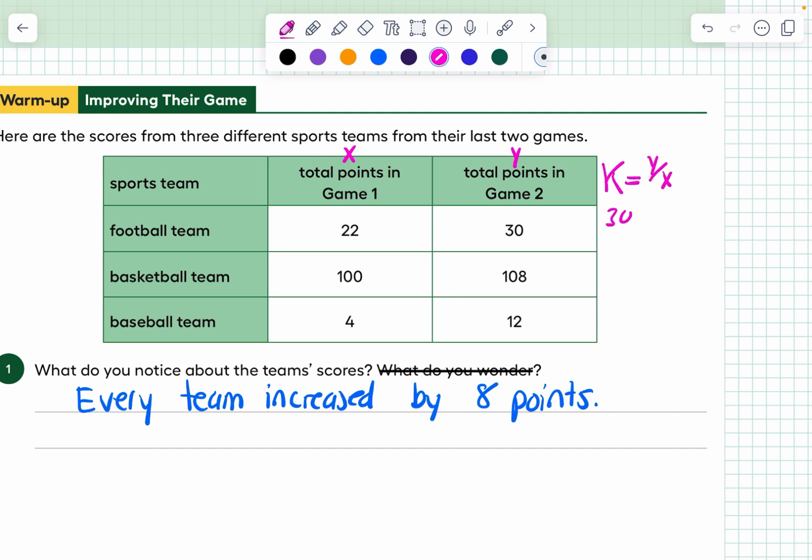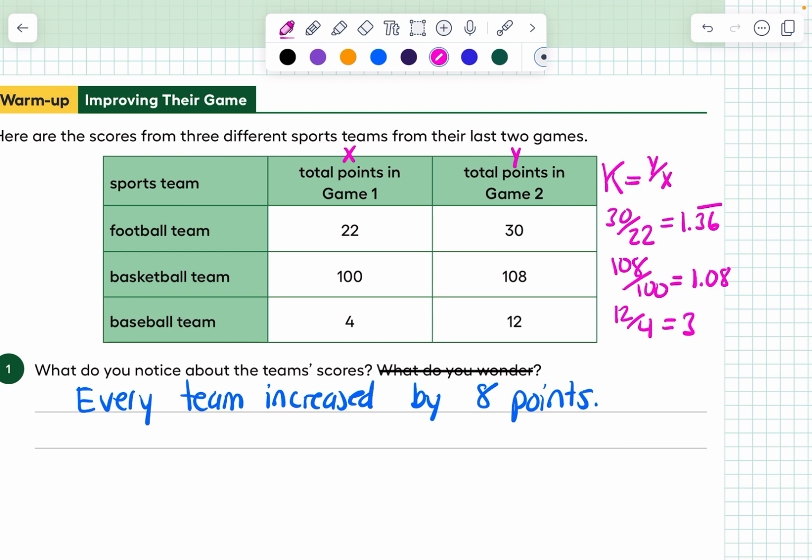So I would have 30 divided by 22, and that is 1.36, repeating on the 3 and the 6. 108 divided by 100 is equal to 1.08. And 12 divided by 4 equals 3.